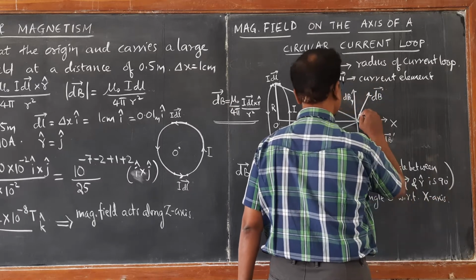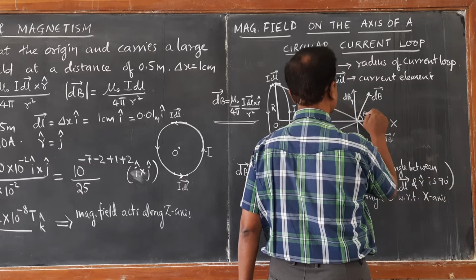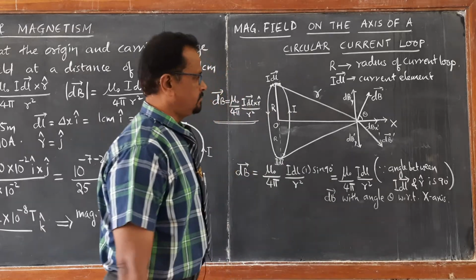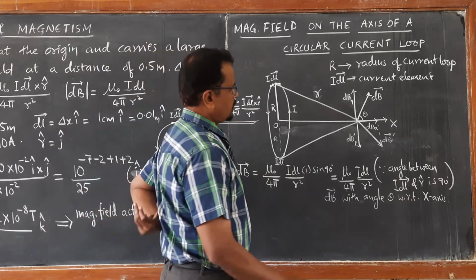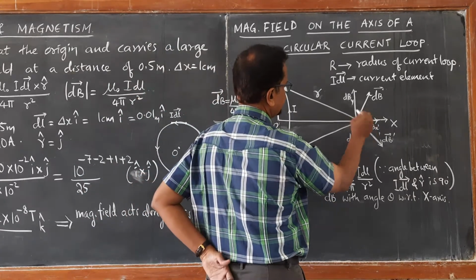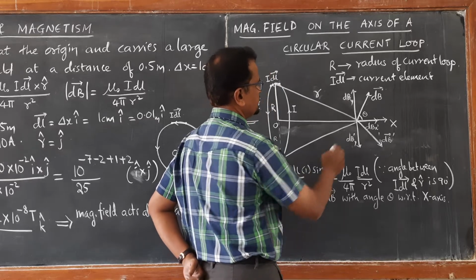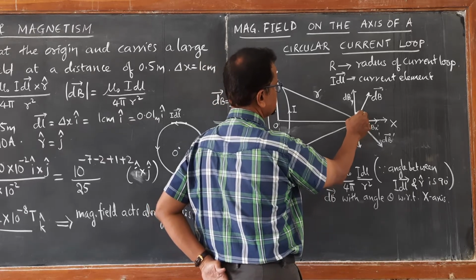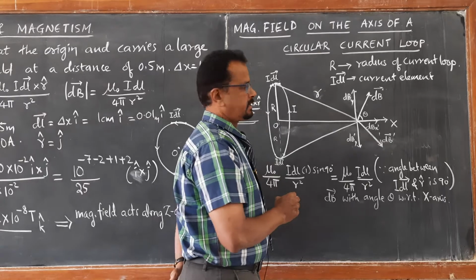So, this I am taking as angle theta, right. Now, if this is angle theta, very interestingly, you see this angle theta plus this interior angle is 90 degrees.